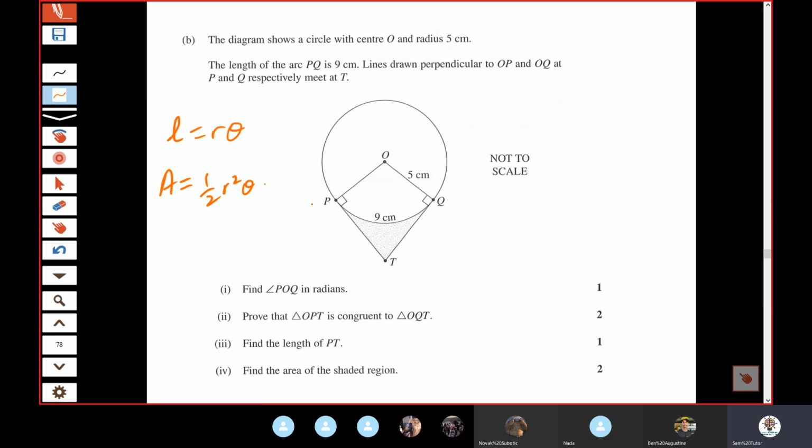Arc length is r times theta, correct. You already have the radius and you already have the arc length, right? So you should be able to find your angle straight away.